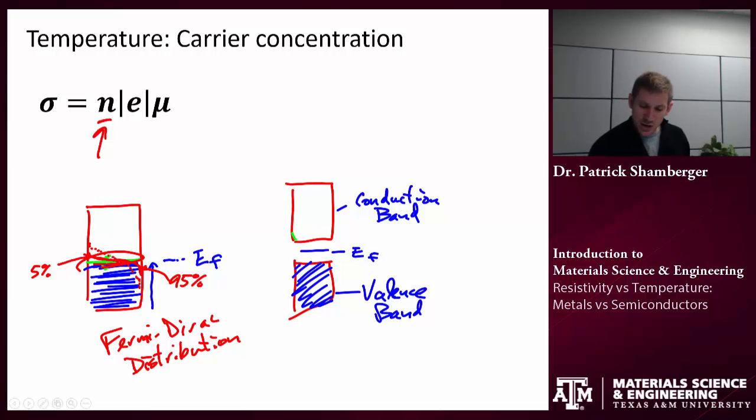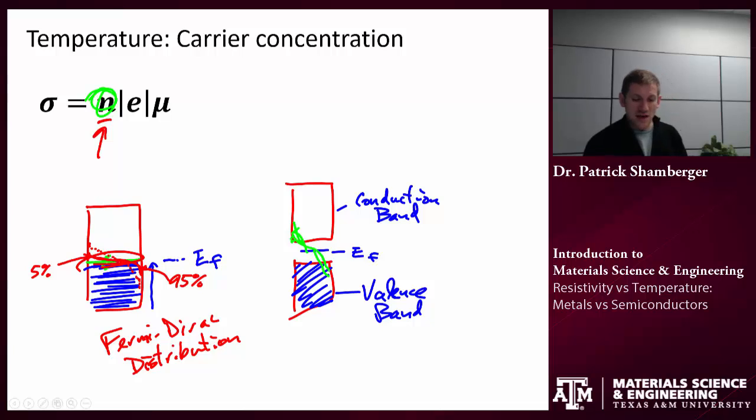At any temperature above that, though, I'm going to have some small number of electrons that gets excited up. And the greater the temperature is, the greater the number of free carriers I'm going to have. Now remember, our semiconductors tend to be carrier starved. So increasing that number of free carriers has a very large impact on semiconductors, as opposed to the metal case.